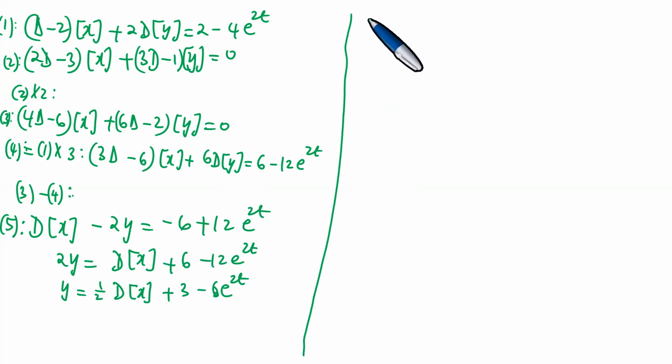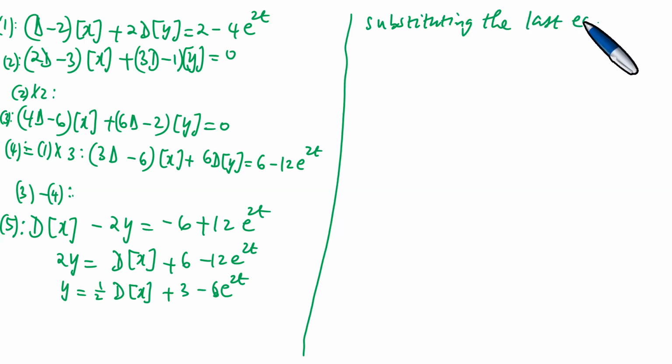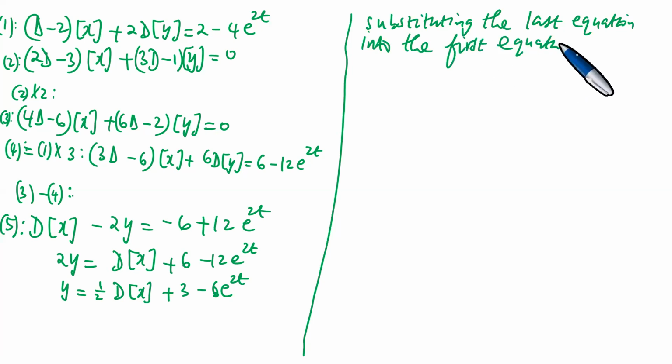Substituting the last equation into the first equation, we obtain, just a roadmap, take this one, which is y equals half D x plus 3 minus 6e^(2t).